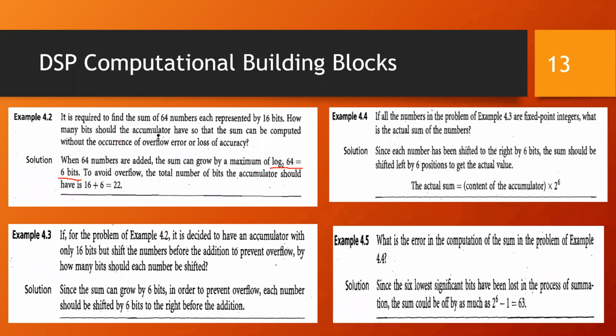So this implies that we should shift all the 64 numbers by 6 bits so that we can prevent the overflow. Here we are not specifying the loss, only overflow is specified.